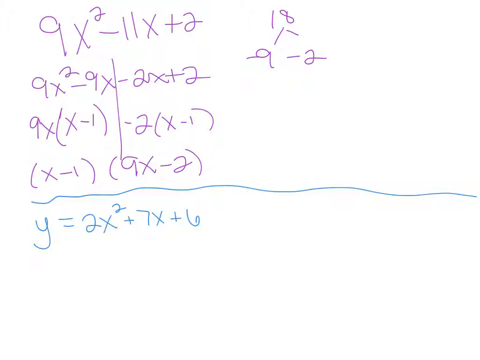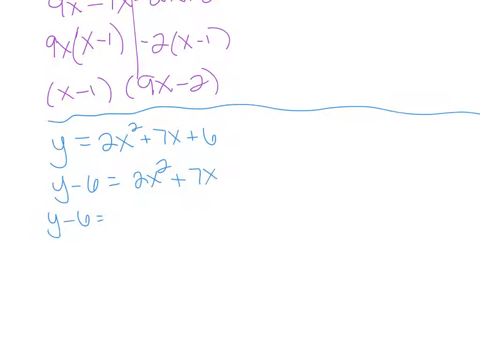All right, so now if I look here, y equals 2x squared plus 7x plus 6. If I want to rewrite that in vertex form so that I can sketch a graph, I'm going to start by subtracting 6 from both sides. I'm left with 2x squared plus 7x. Now remember, I need to start by factoring out the leading coefficient here, which is 2.